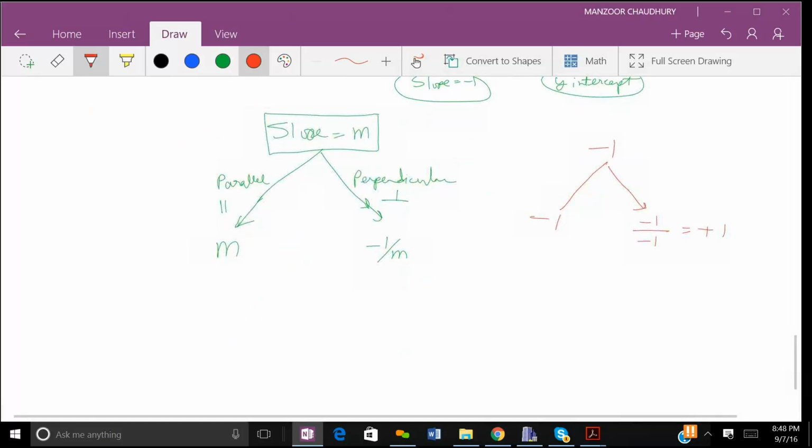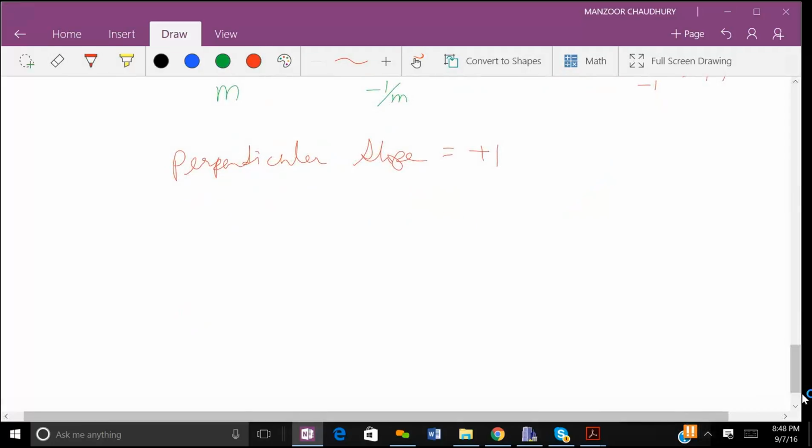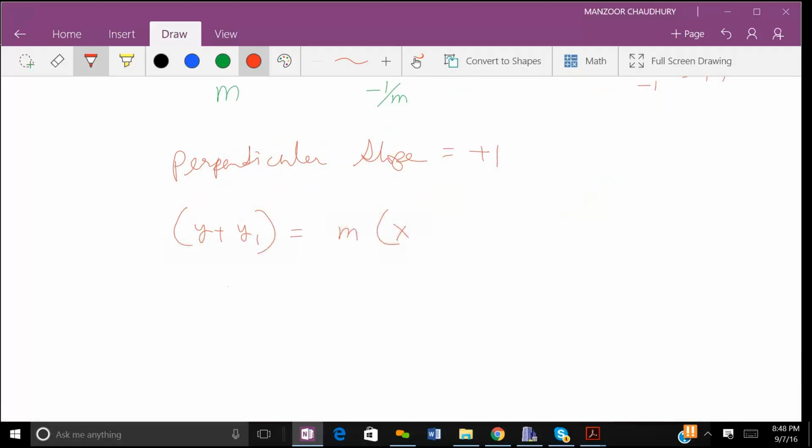So our new slope, the perpendicular slope, is +1, okay? So we know it's going to be y minus y1 equals m times x minus x1. Actually y minus, not plus, y minus. I think I wrote it wrong here.